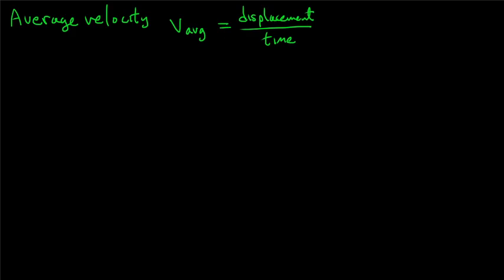Okay, so now I want to do an example of calculating the average velocity for a given position function. This is the formula for average velocity, and let's suppose that we know our position at any given time.